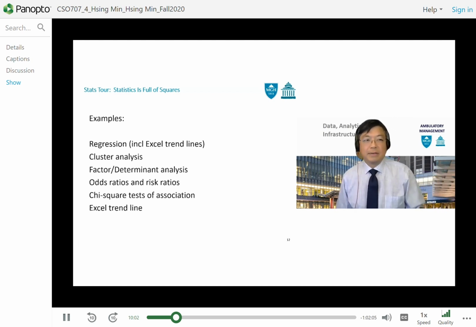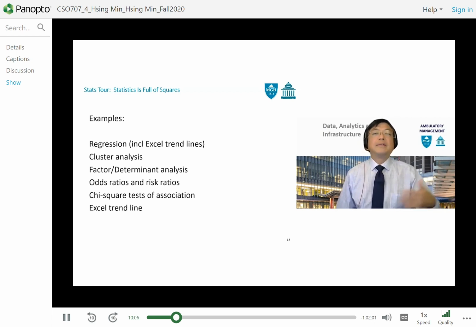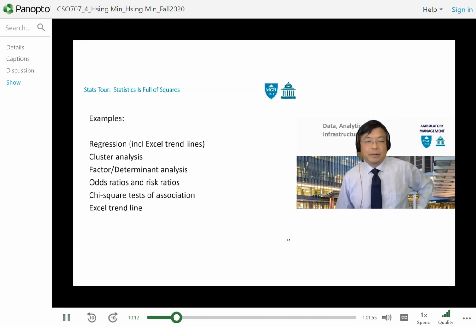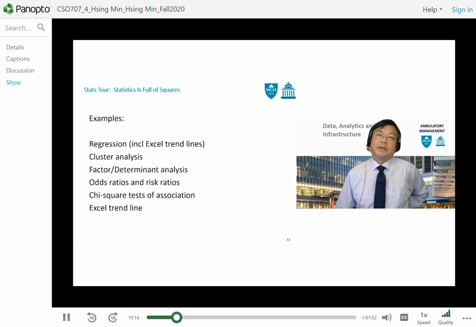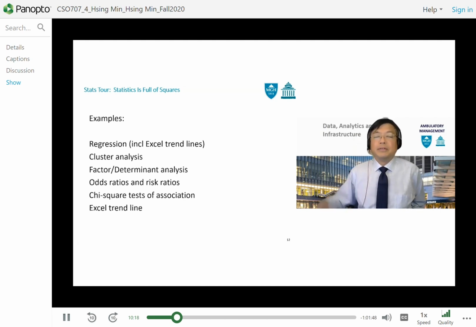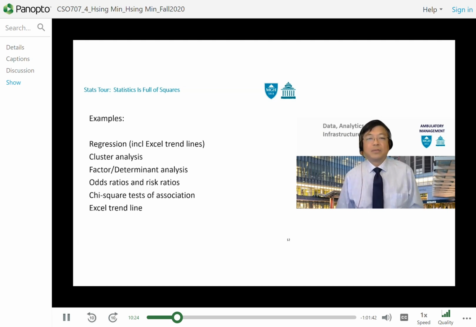Cluster analysis in identifying odds ratios, making forecasts, error bands. These are all the stock and trade of healthcare literature. And they're used to determine drivers. They're used to make attributions, what's causing what. They're used to segment patient populations and also used to forecast, to estimate resource needs and costs.